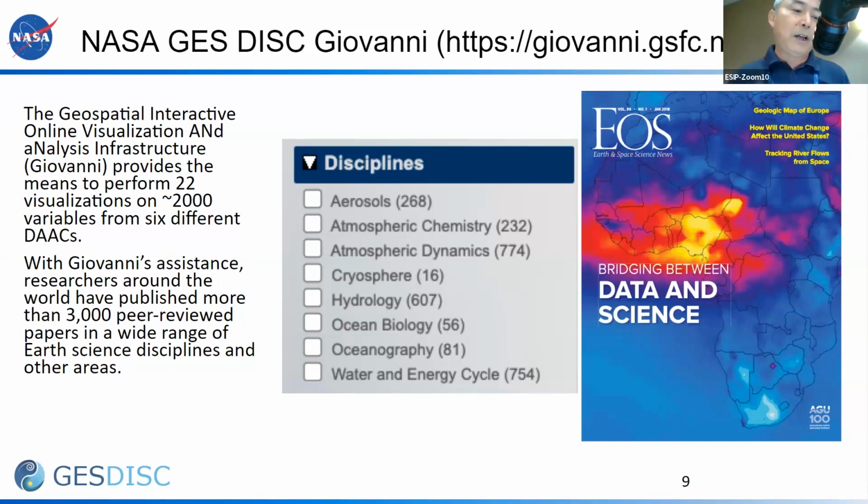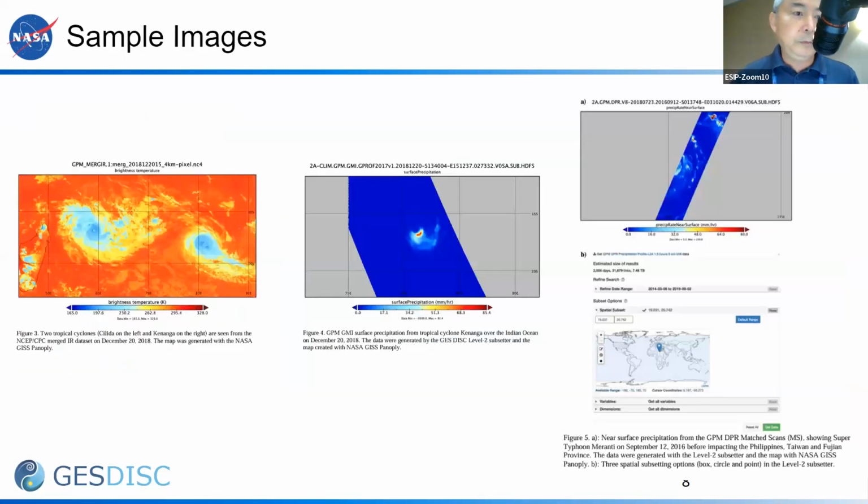So can we classify that as level 3, analysis ready data? That can be debated. Okay. If you want to learn more about Giovanni, there's an EOS magazine article. We have a published paper there.